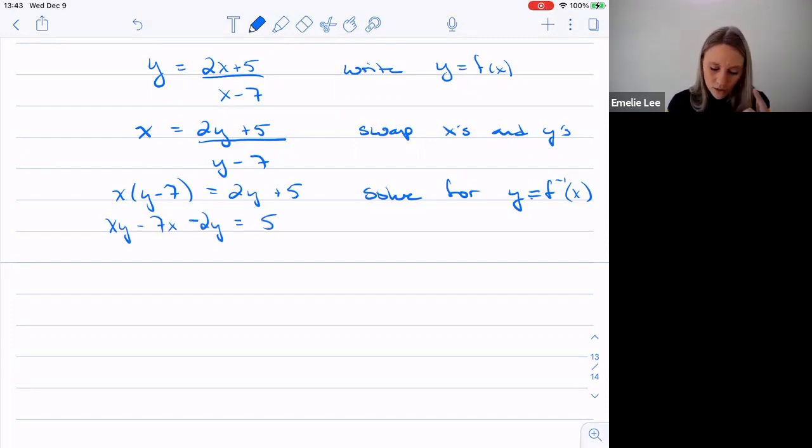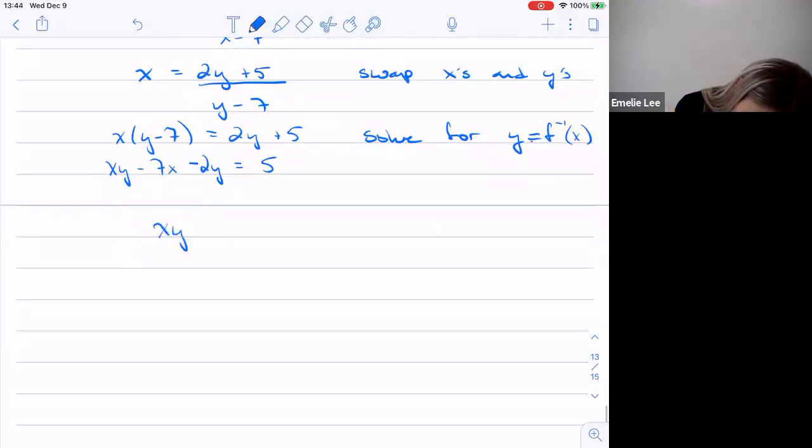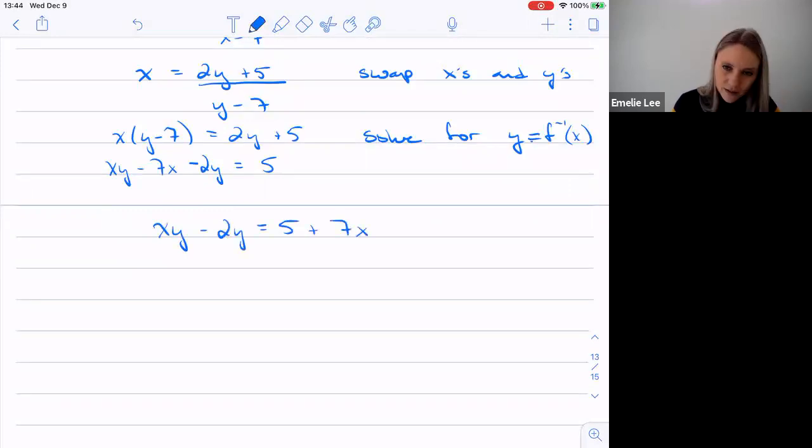Okay. This term has a y and this term has a y. So that's what I'm going to keep on the left-hand side. And then I'm going to add 7x to both sides, moving it over to the right-hand side. So I get xy minus 2y is 5 plus 7x.